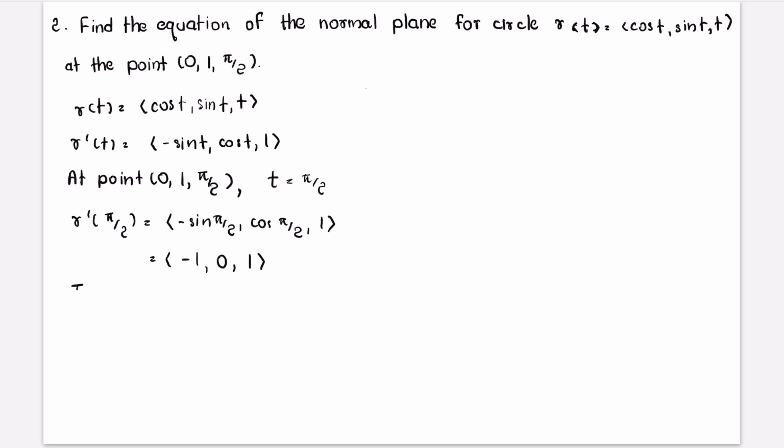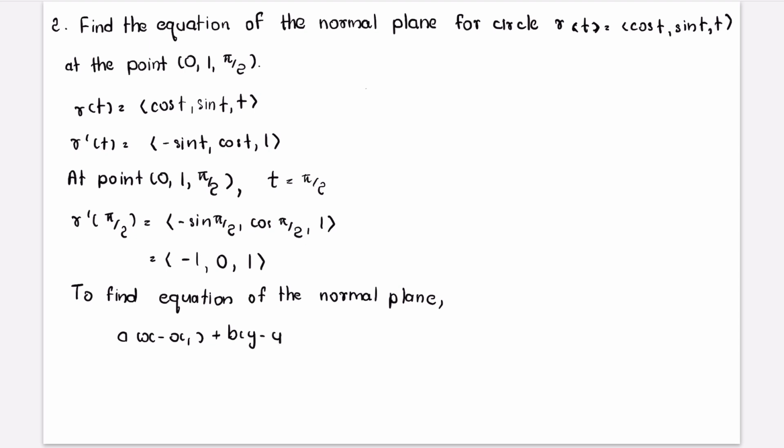So to find the equation of the normal plane, this is the formula: a(x minus x1) plus b(y minus y1) plus c(z minus z1) equal to 0. So we have the point and then the vector, so we can find the equation.